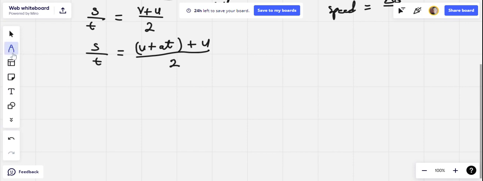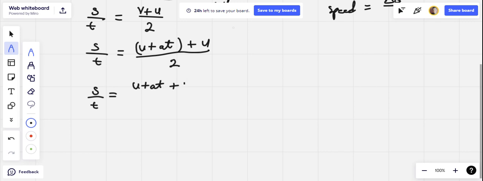So we proceed and we remove the bracket there, s over t. Now, since this is not a multiplication, you can just remove the bracket. It will have no effect. What you have here is addition. So you have u plus at plus u divided by 2.